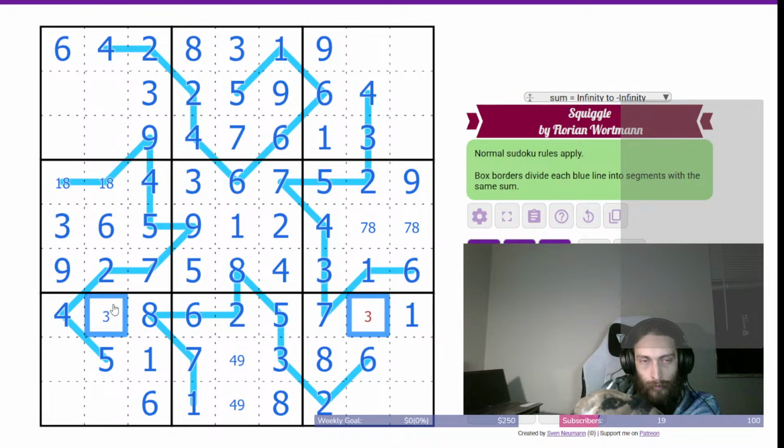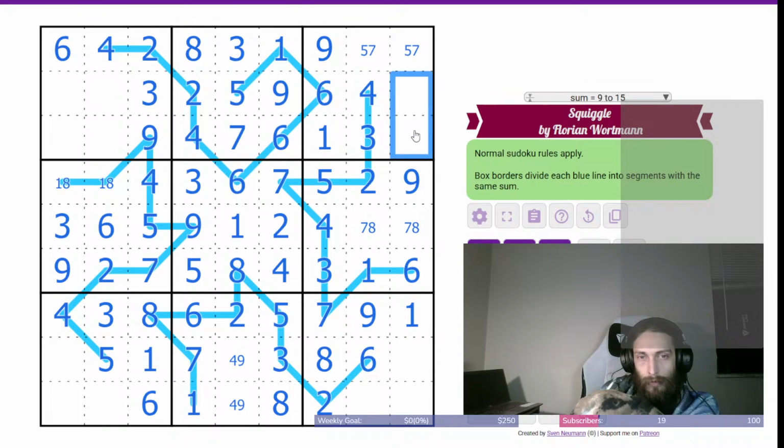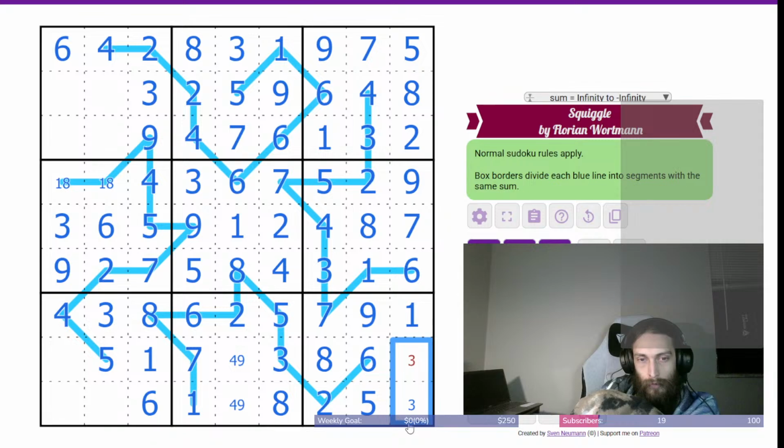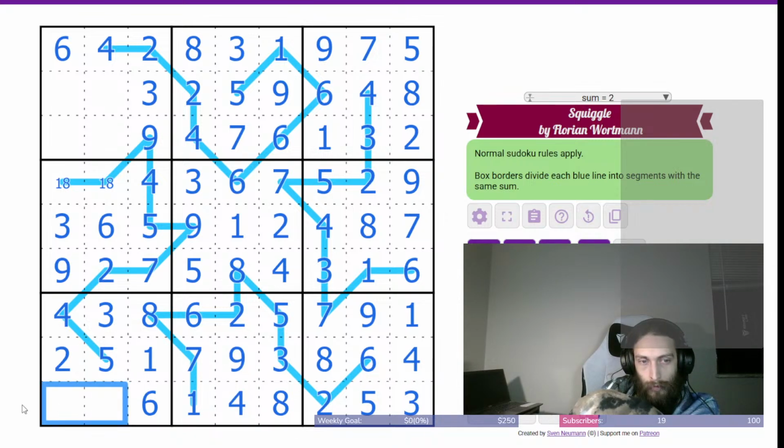Row 1 is left with 5 and 7. And then box 3 is left with 6 and 8. No, sorry, 2 and 8. I don't know why I said 6. Two, 7, 9.